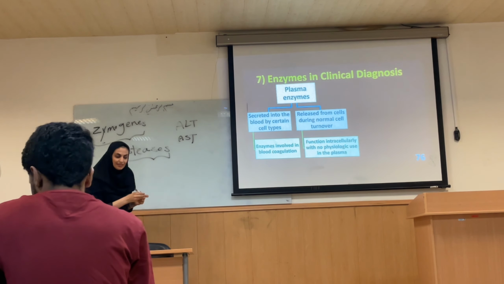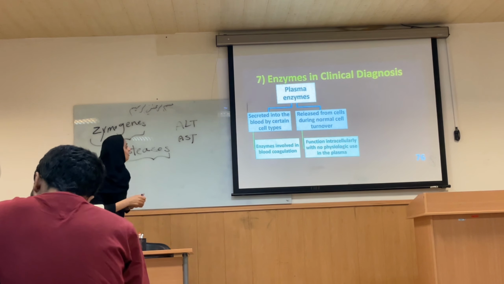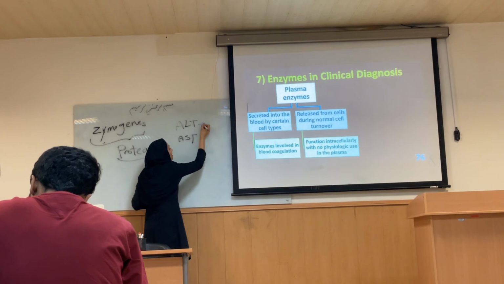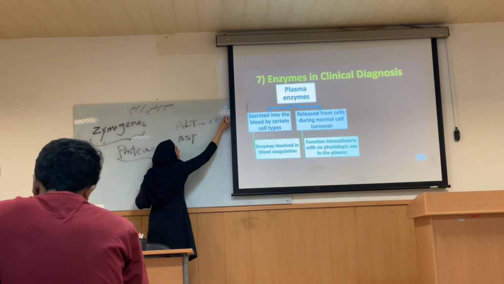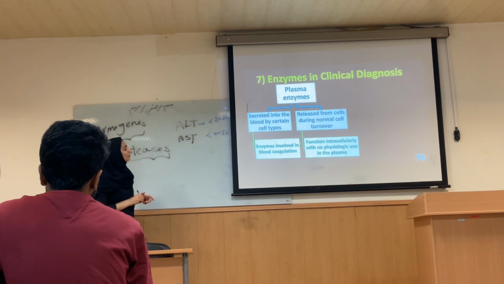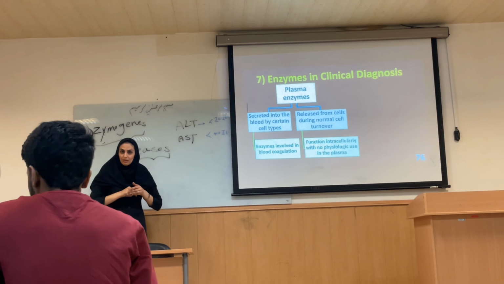I told you that they are for evaluating liver function tests. Normally, we have a concentration, for example, less than 20 international units or less than 40, near this amount. Less than 40 international units.